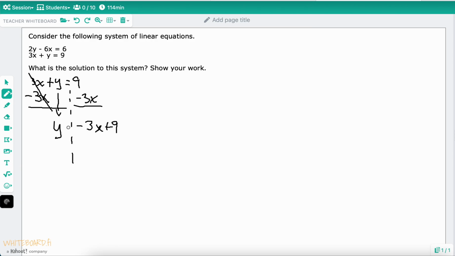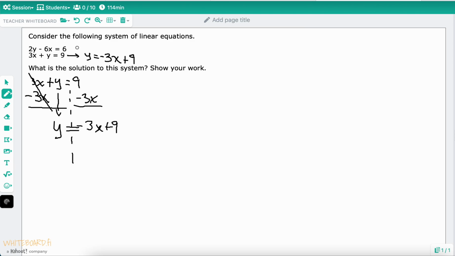So that second equation that we're working on now becomes this by just a small switch. y equals negative 3x plus 9. That's what this is equal to. Now what this says is that y is negative 3x plus 9.